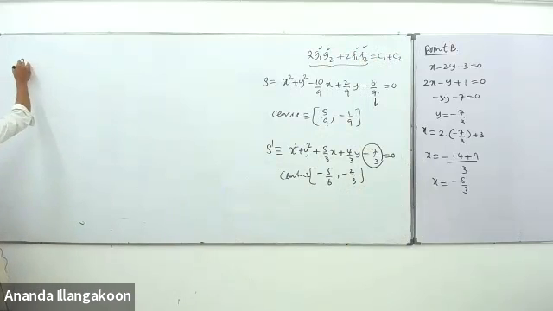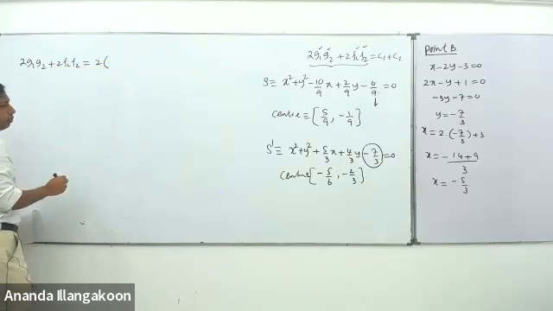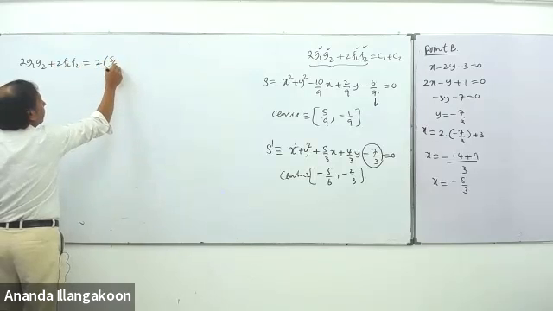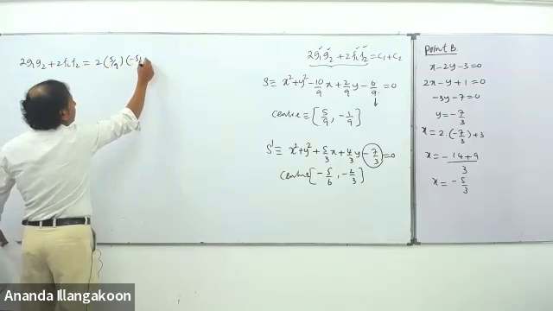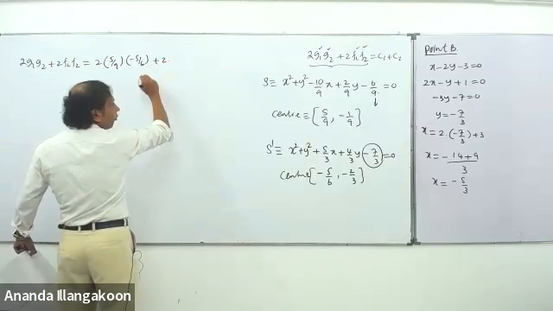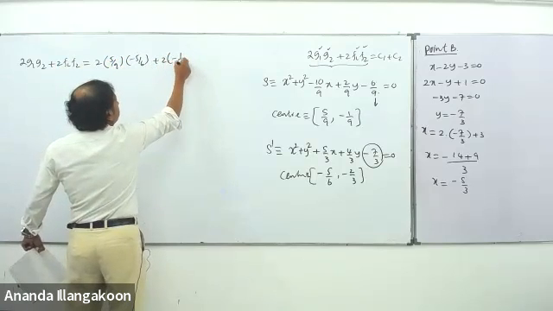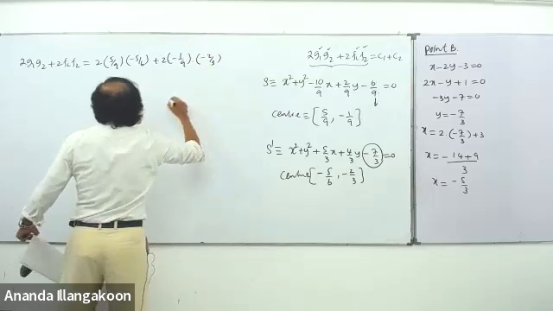Right. First we'll check 2 G1, G2 plus 2 F1, F2. Right. 2 G1, 5 by 9, G2 minus 5 by 6 plus 2 F1 minus 109 minus 2 third.